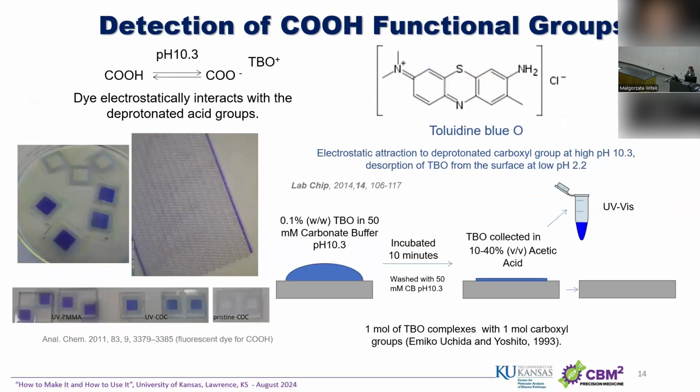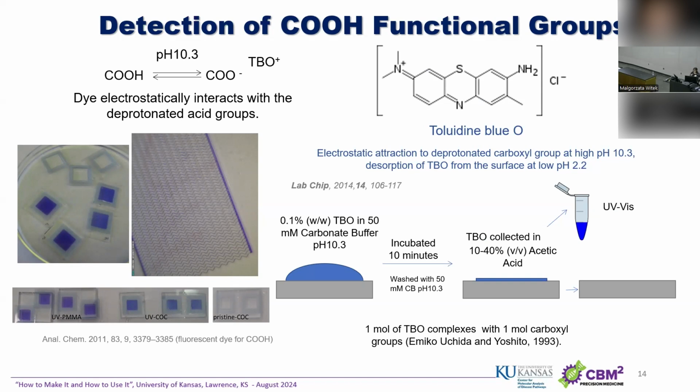And now we're going to transition to how to utilize those carboxylic groups, those COOH groups, for attachment. Just as a side, sometimes it's really important to actually measure how many of those COOH groups you have. There's a nice and simple method using toluidine blue O, a molecule that is positively charged and forms one-to-one complexes with negatively charged COO-.